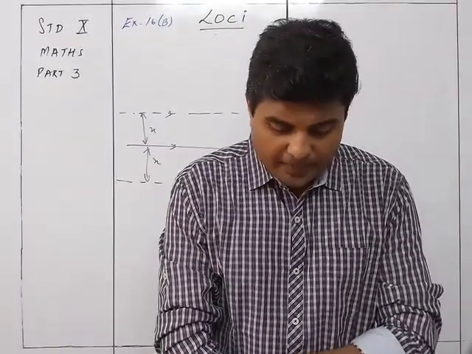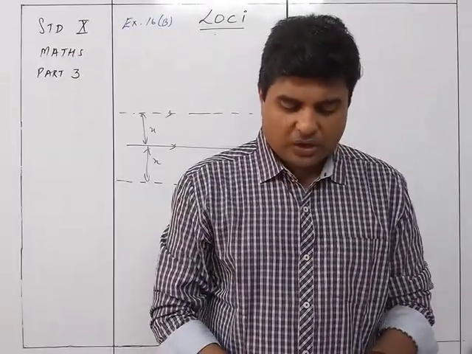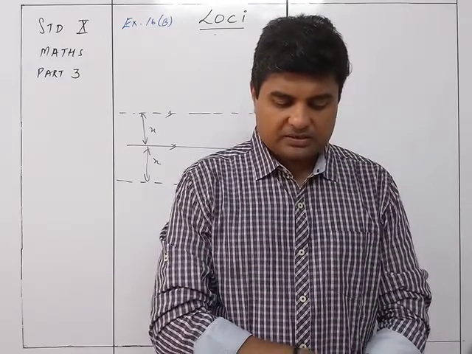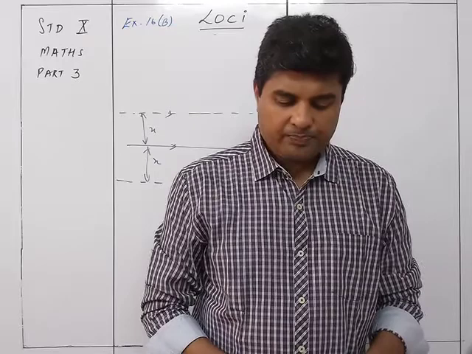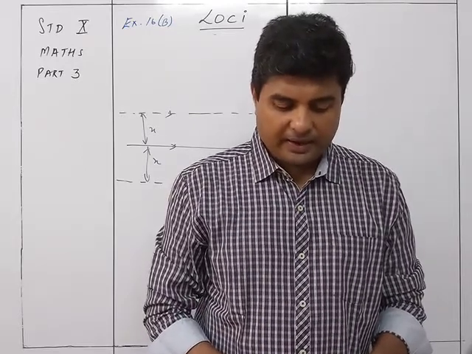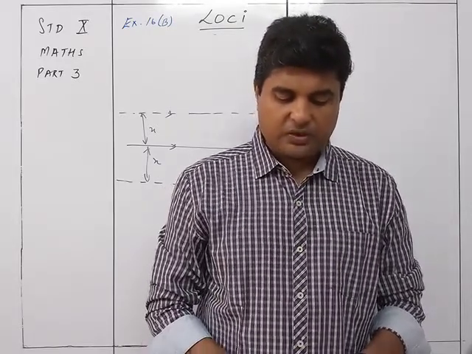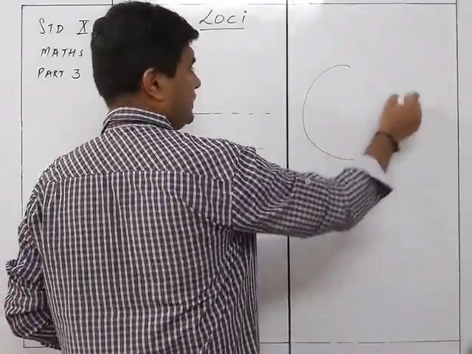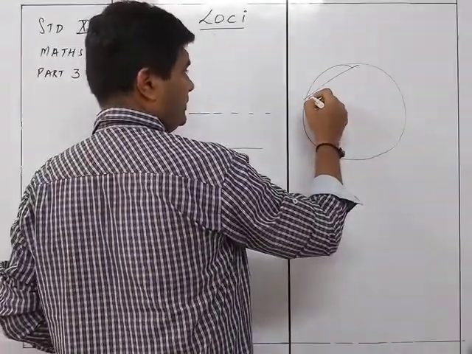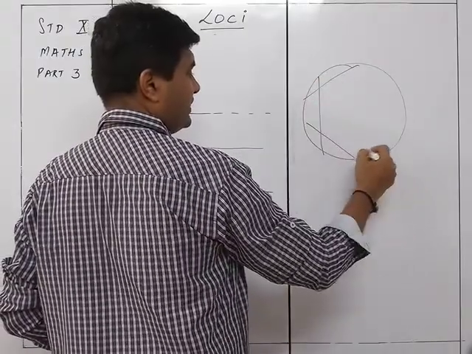The locus of the midpoints of all the equal chords of a circle is the circumference of a circle concentric with the given circle and having radius equal to the distance of the equal chords from the center. So if I have a circle over here and I am drawing equal chords, we know that equal chords are equidistant from the center.